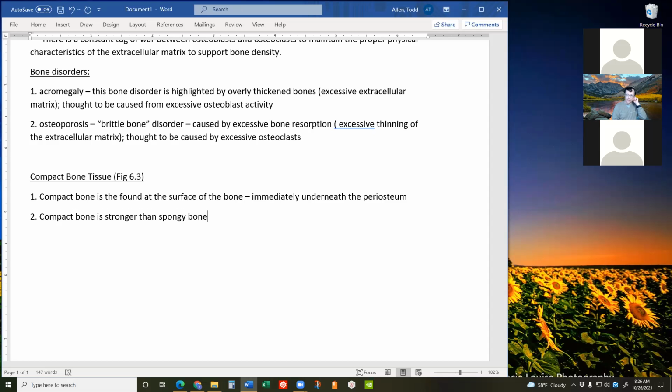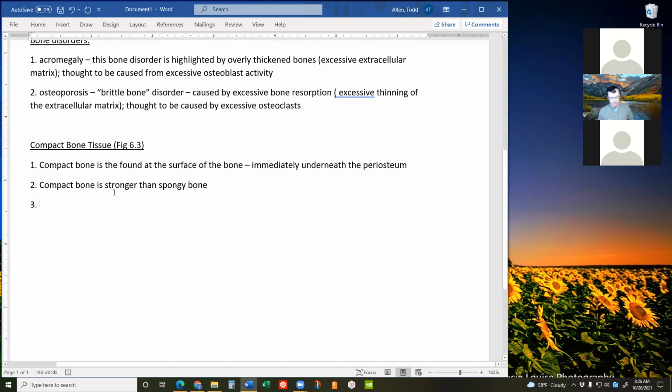There are many reasons for that, not the least of which is the organizational structure of the compact bone. So let's start talking about that. For many of you, this is a beginning science course in terms of your career trajectory. When you take a beginning course, there are certain pieces of foundational knowledge we hope stick with you.